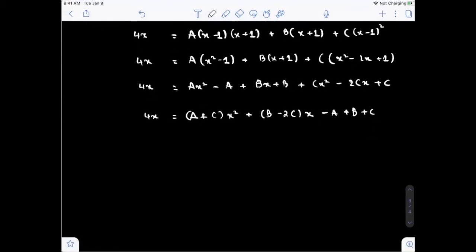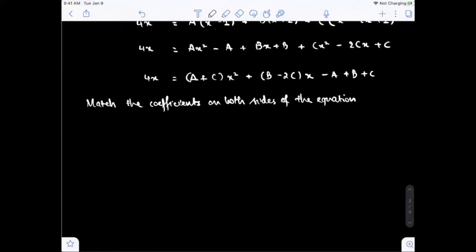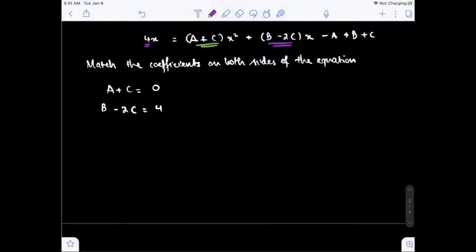Now you match the coefficients on both sides of the equation. So we have A plus C equal to 0, B minus 2C equal to 4, and the last one is negative A plus B plus C equal to 0.